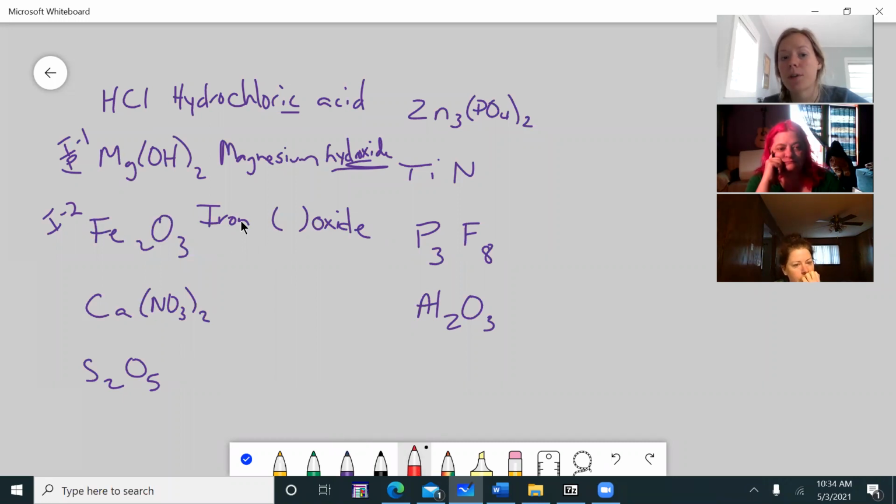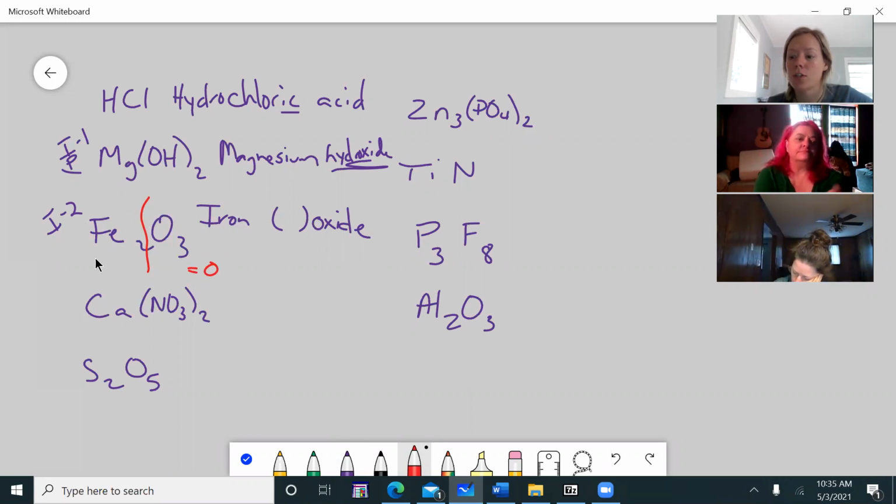We need to go ahead and figure out what the charge is on that iron. So separate out the metal stuff from the non-metals. The charges of both of these things need to be equal and opposite, right? So it needs to equal 0. So whatever the overall charge is of this has to be the overall charge of this. Oxygen is always 2-, and there's 3 of them.